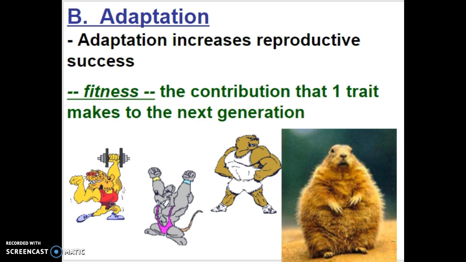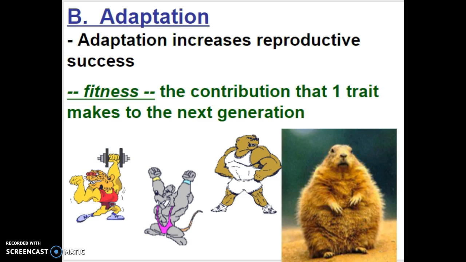With biological change over time comes adaptations. Adaptations increase reproductive success. Remember, reproductive success is part of the principles of natural selection. So inherited variations that are an advantage will more than likely be passed on to the next generation.